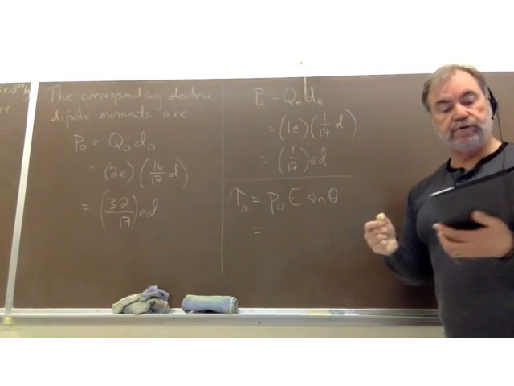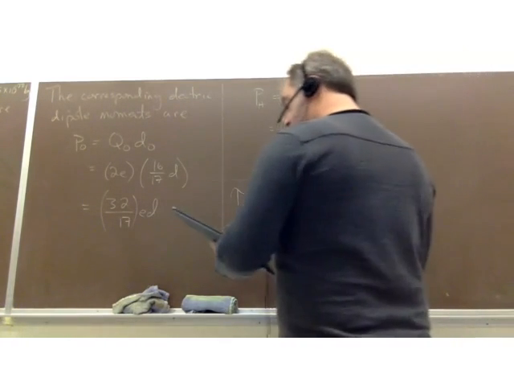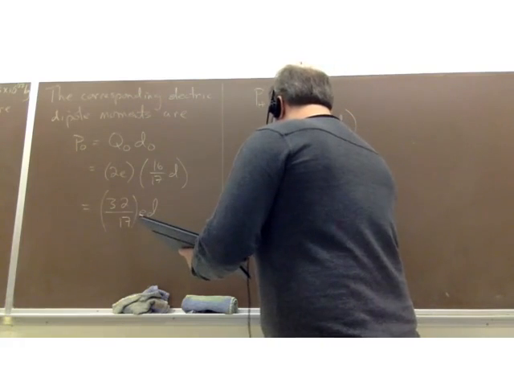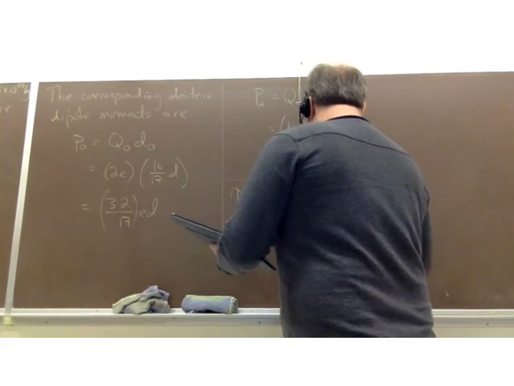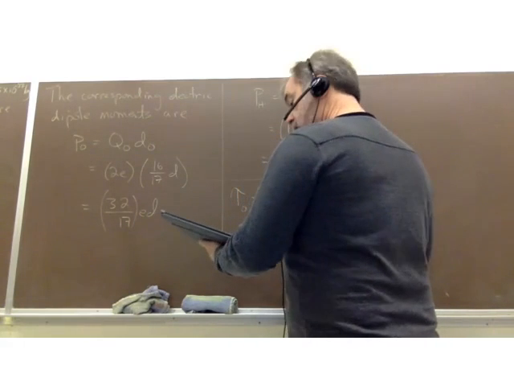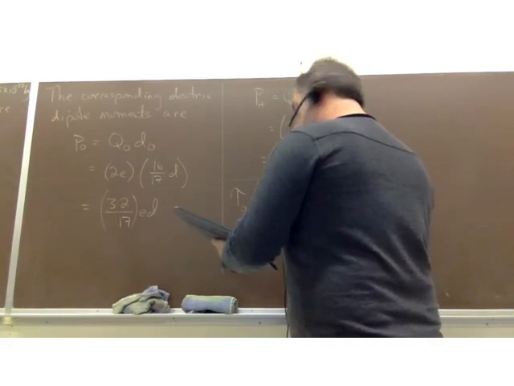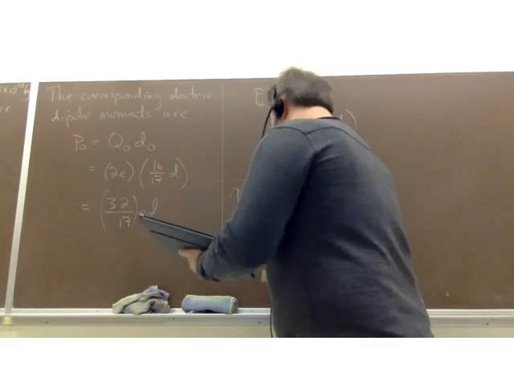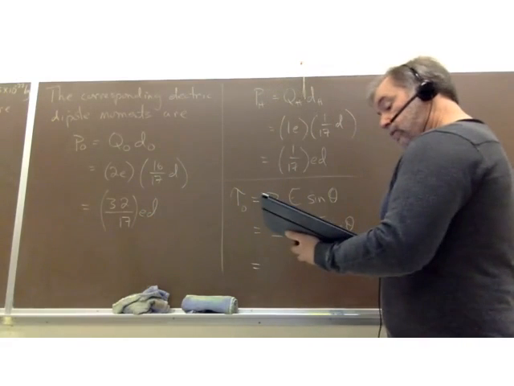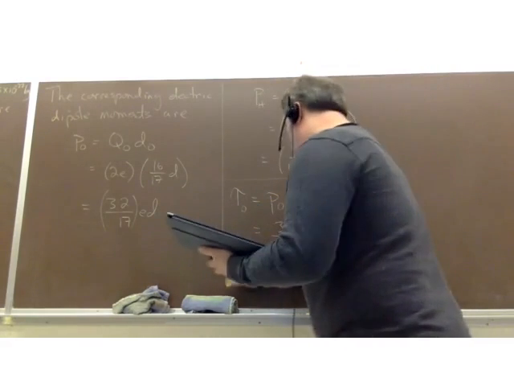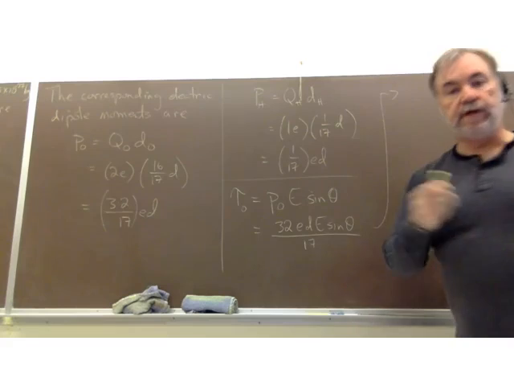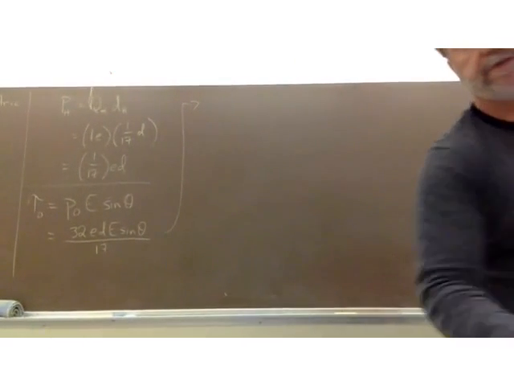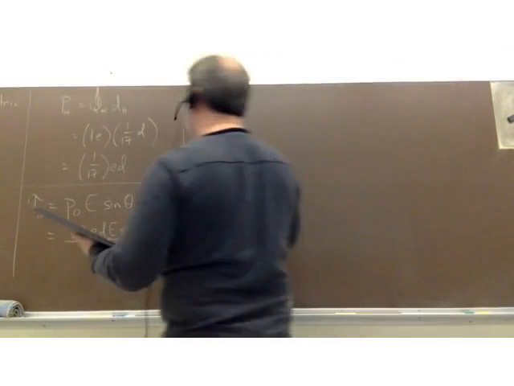I'll let you substitute the numbers, check my work. This ends up being 32 ED E sine theta over 17, which when I substitute in the numbers, well, actually I didn't do that. Yeah, so there's that. It turns out when I solved it myself, I only substituted numbers at the very end with the total torque.